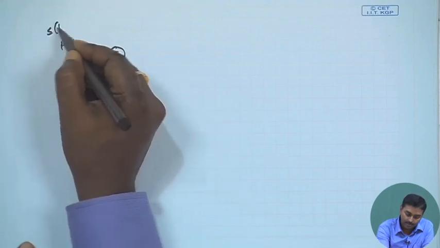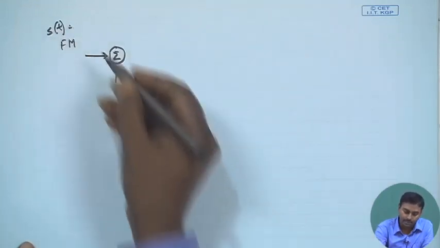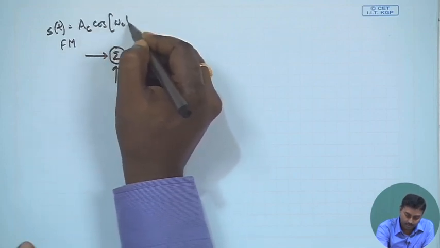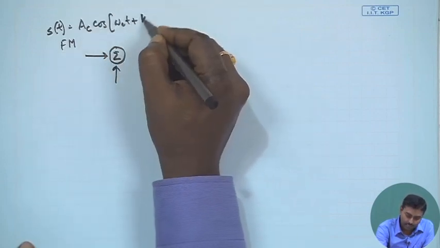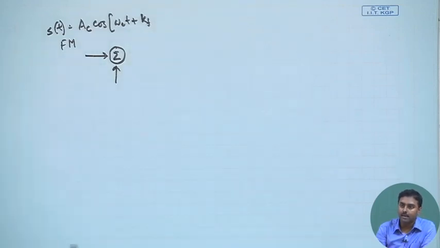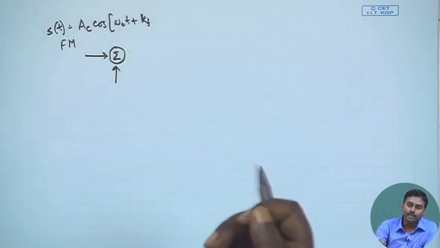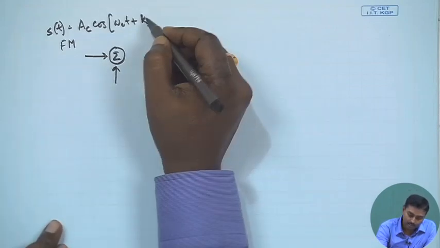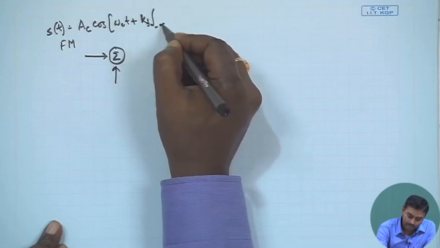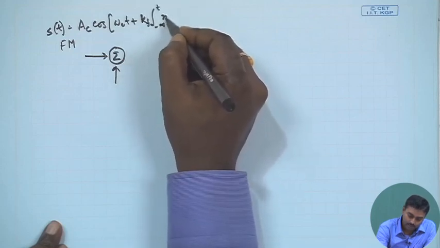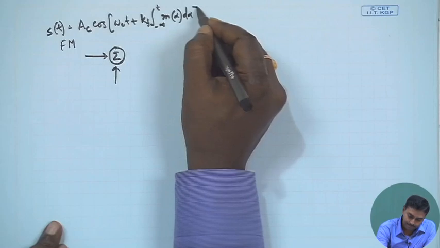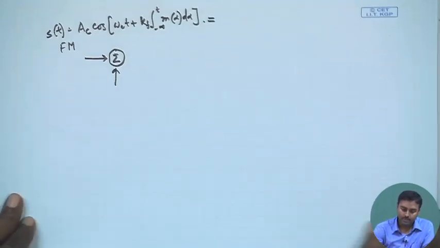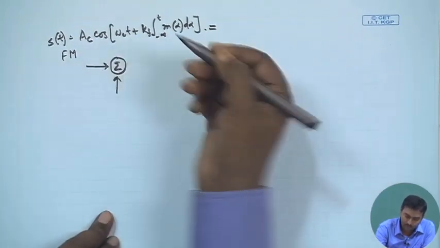I can write it as Ac cos(omega c t plus kf integral from minus infinity to t of m(alpha) d alpha) if it is represented in the omega domain, and 2 pi kf if it is represented in the f domain, okay. So, this has an equivalent representation in the frequency domain.